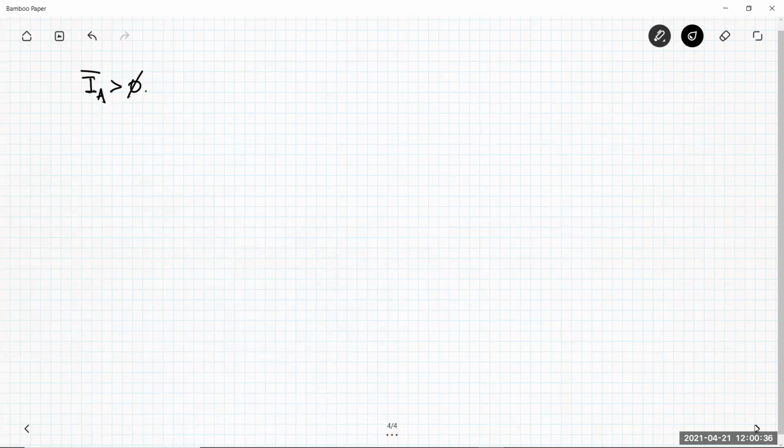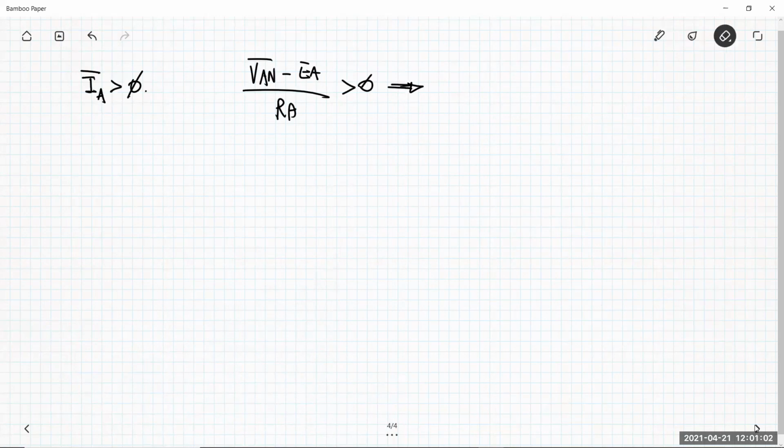Suppose that the direction of the current is positive, meaning it flows from, say, the left to the right, exiting the node A. It means that according to our previous expression, this is the current IA, this is positive. So this means that basically the voltage VAN should be higher than the back EMF.